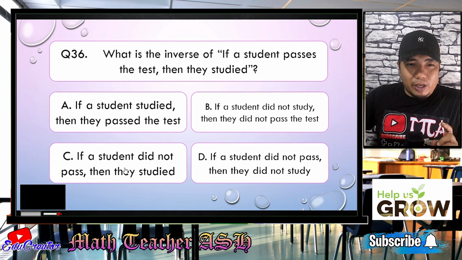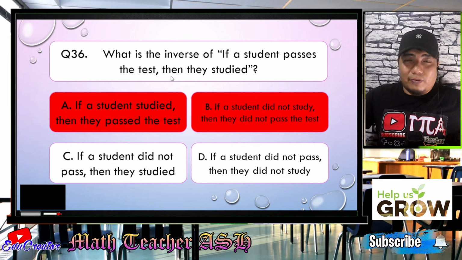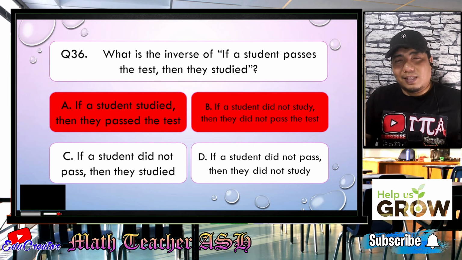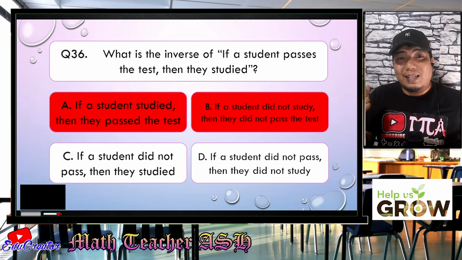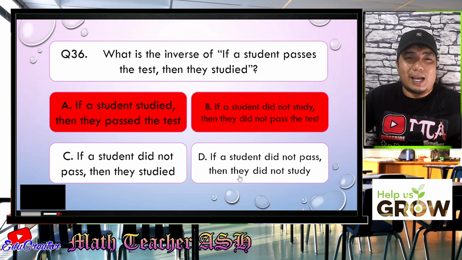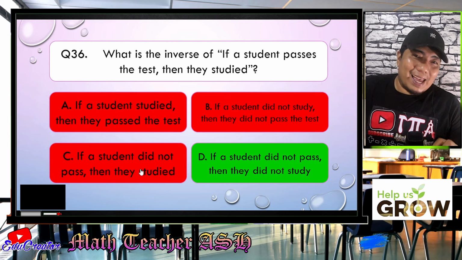Here, did not pass, did not pass, so letter A and B are already wrong. Now, for the second part, then they studied, the inverse of that is then they did not study. So the correct answer is letter D. All right. Easy, right? We are getting a hang of it, my dear math learners.